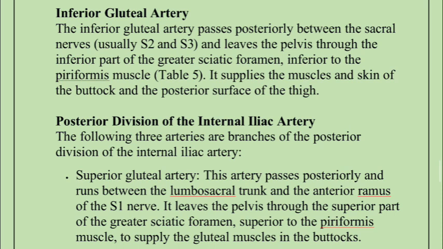Let me talk about the inferior gluteal artery. The inferior gluteal artery passes posteriorly between the sacral nerves, that's usually the second and third sacral nerves, and it leaves the pelvis through the inferior part of the greater sciatic foramen, inferior to the piriformis muscle.